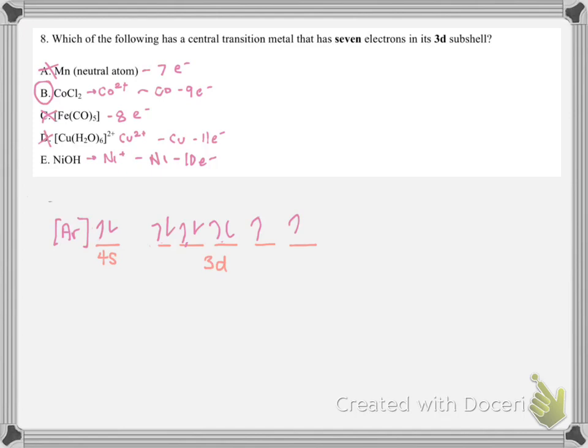And then to make it nickel 1+, we will just erase one of those 4s electrons. And then we're left with 8 3d electrons. Okay, so we can see that B is the correct answer.